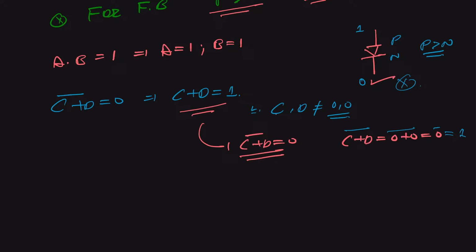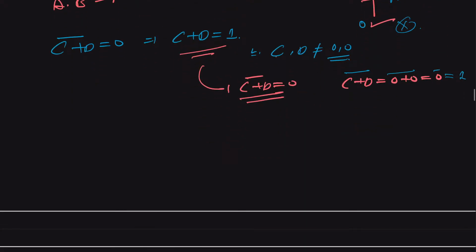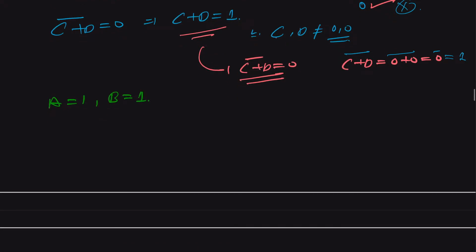And therefore we can make various combinations of that, and we know that value of A is equal to 1 and value of B is equal to 1. This is always fixed. But for our C plus D equal to 1, we can just write that if this is 0, this is 1, then C plus D will still be equal to 1.